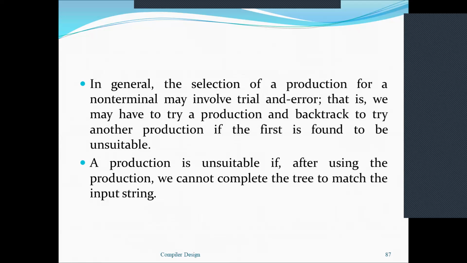Otherwise, it will proceed further. A production is unsuitable if after using the production, we cannot complete the tree to match the input stream. That's what I said. We cannot say a parse tree or a production is suitable or correct if the parse tree that you design doesn't match your input stream. If it matches, then it is the right parse tree. If it doesn't match, it's not the right parse tree.